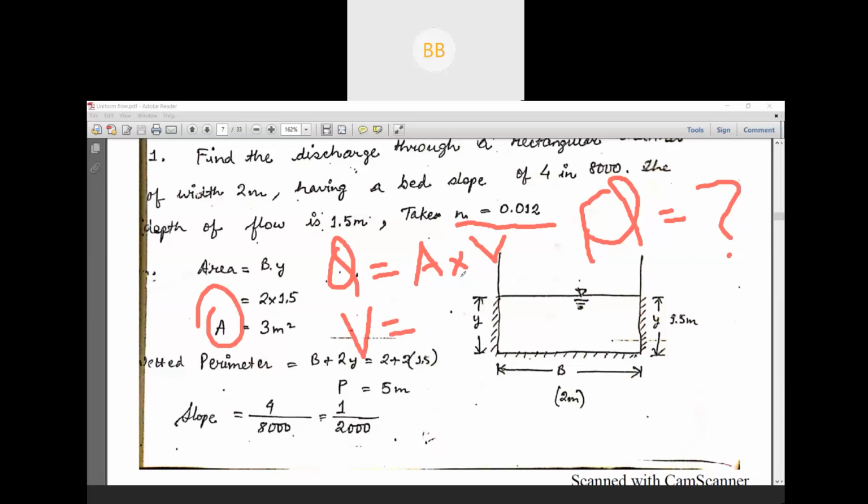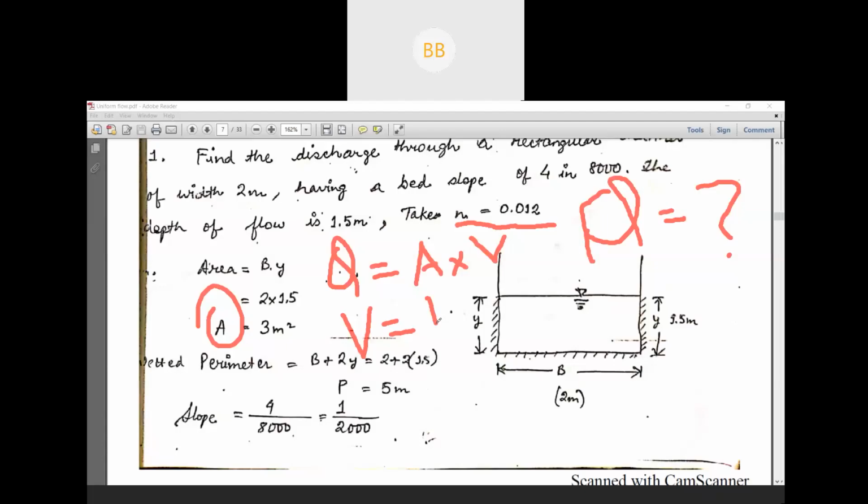As in the question Manning's coefficient is given, that is why we are going to use Manning's equation. If the Chezy's constant were given, then we would use Chezy's equation.